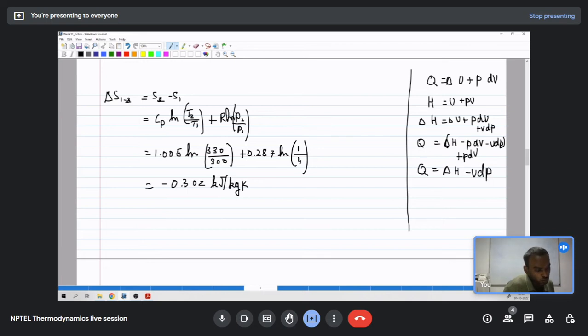So this is Q, and Q is TdS, and this is where we started the problem. So we have minus and minus.